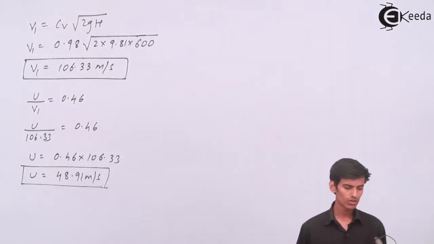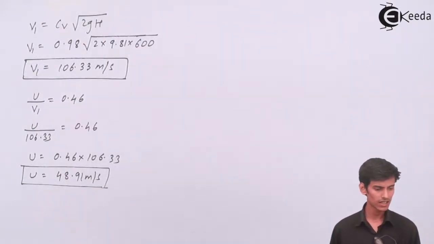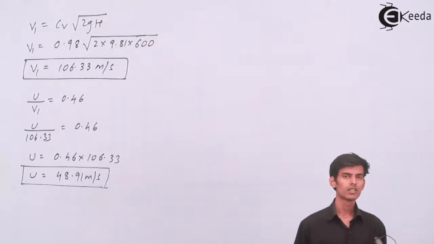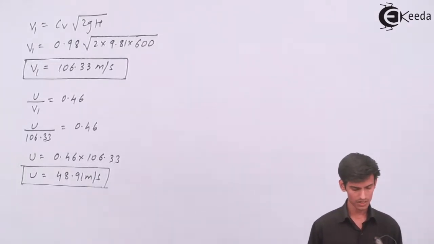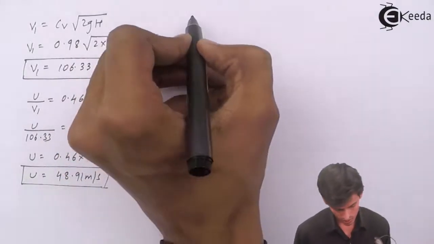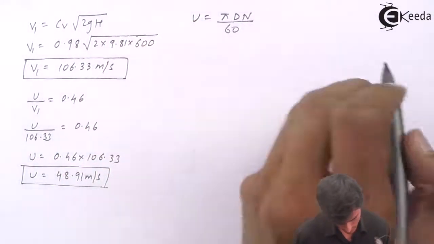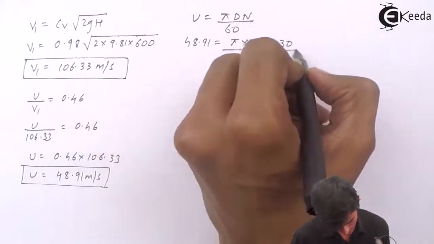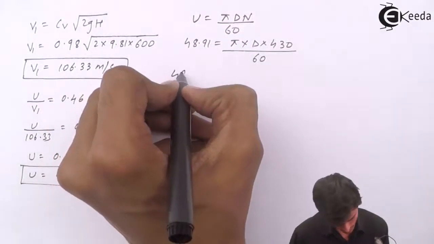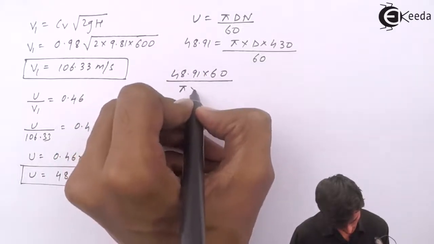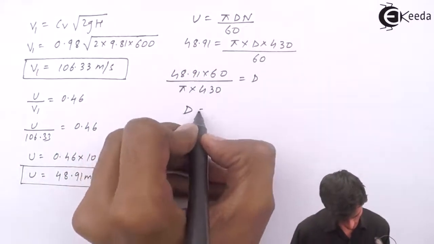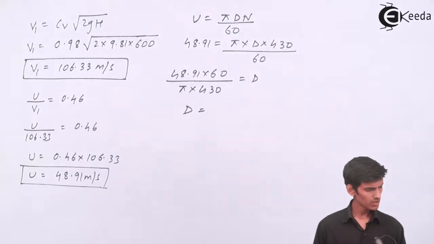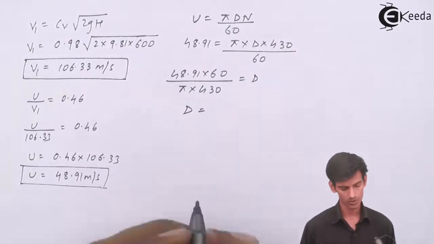Now since we know the value of U, we can get the diameter of the wheel, where U is pi D N by 60, and N is already given. Once you simplify this equation, the diameter comes out to 2.17.